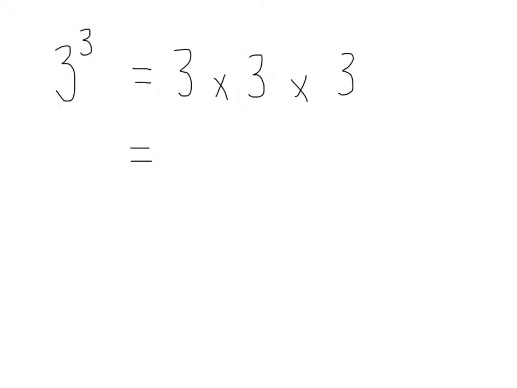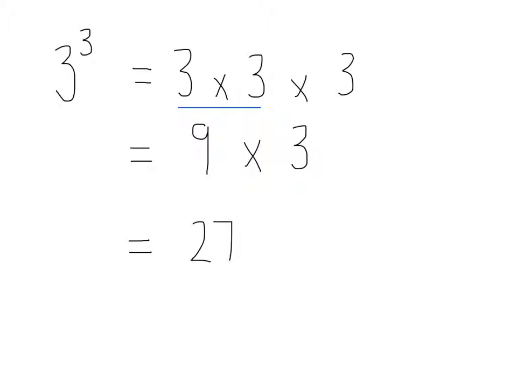Our first multiplication equation is 3 times 3, which is 9. We then have to times that by 3 again to get our answer of 27. So 3 to the power of 3, or 3 cubed, is 27.